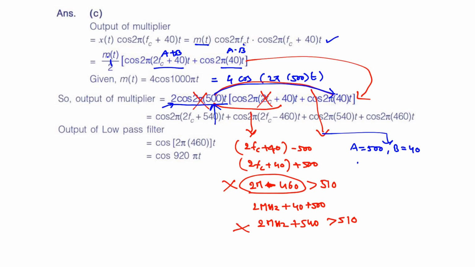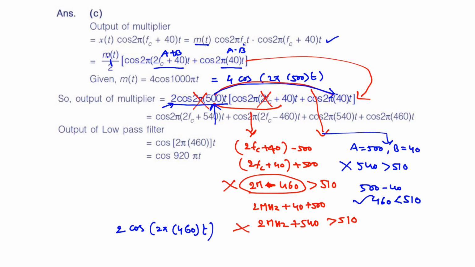A plus b is 540, which is greater than 510, so this doesn't appear. 500 minus 40 is 460, which is less than 510, so this will appear. The frequency component we get is 2 cos 2 pi 460 t. This is the output of the low pass filter.